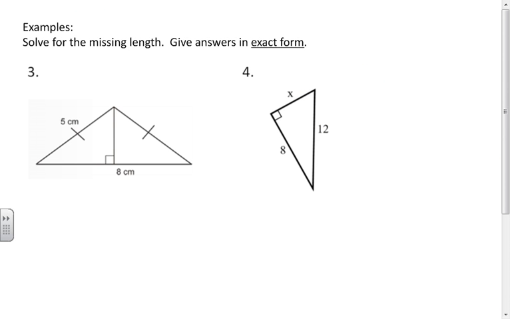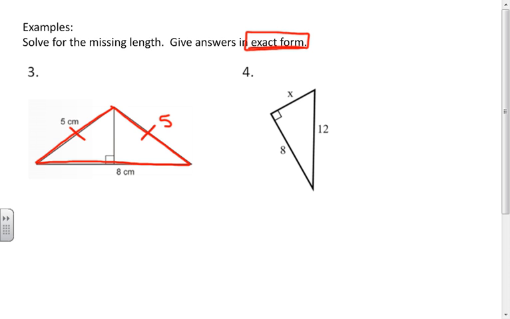Now, continuing on with some examples, notice these directions of exact. So that's where you're going to have to leave a radical in if you don't end up with a perfect square. Now, I have an isosceles triangle here because of those marks. So this side is also 5.